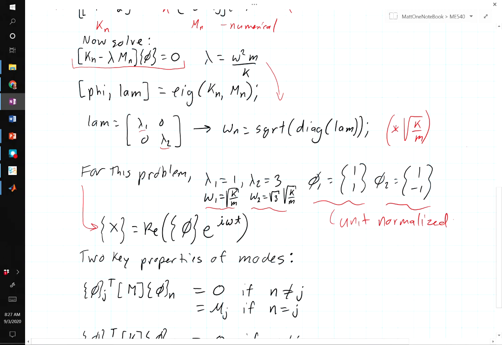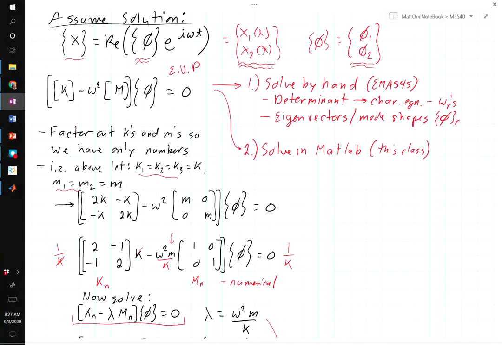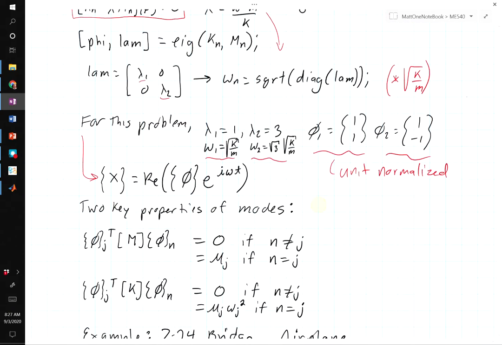And remember, the assumption that we made to start all of this was that the response was some vector times e to the i omega t. So now we would plug back into that. So for the first mode, for example, we'd say that x was equal to phi 1 e to the i omega 1 t. So this is the equation that governs the response.